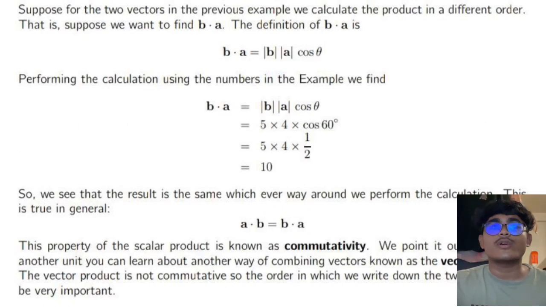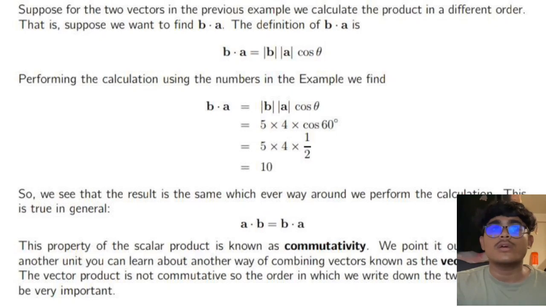Okay, second question on vector and scalar. Suppose for the 2 vectors in the previous example we calculate the product in a different order. That is, suppose we want to find B·A. The definition of B·A is |B||A| cos theta.